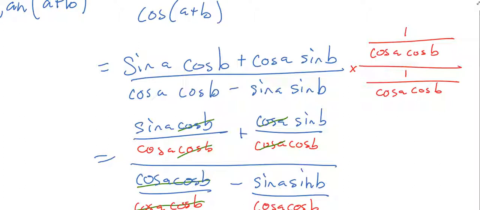If you wrote this step out correctly, it's 1 over cos A cos B over 1 over cos A cos B. That gets me my 1. So if you knew that it was a 1 in that position, it would make it a lot easier to remember that this is what you multiply by. How would you have figured that out on your own? You wouldn't. Just coming up with that would be really difficult.